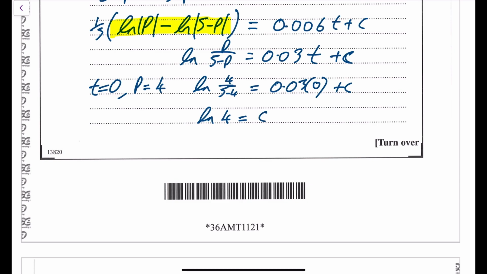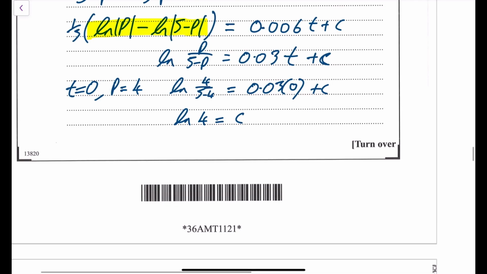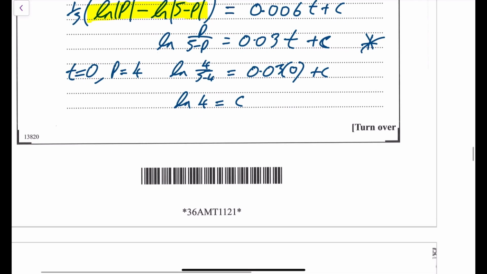So I've got a value for my c. There's other ways of doing this, and I'll show you that in this video as well. I'll go from here and show you another way of doing this. So that's one way of doing it. Then that means what you've got is ln of P over 5 minus P is equal to 0.03t plus ln of 4.